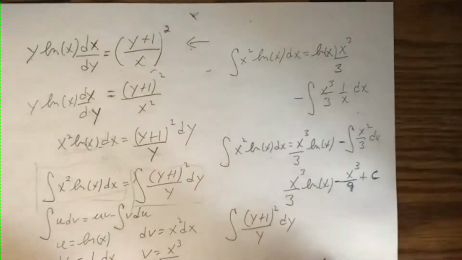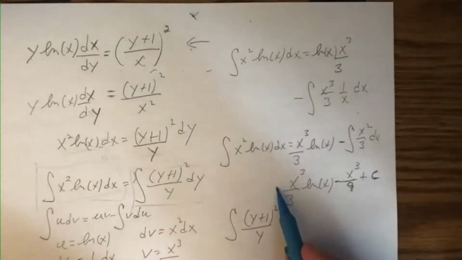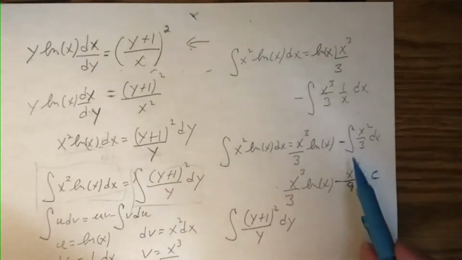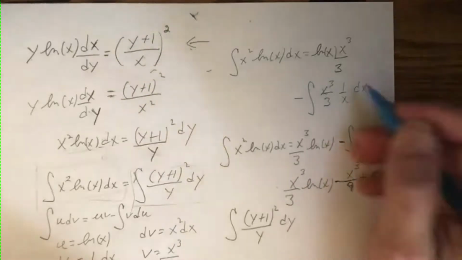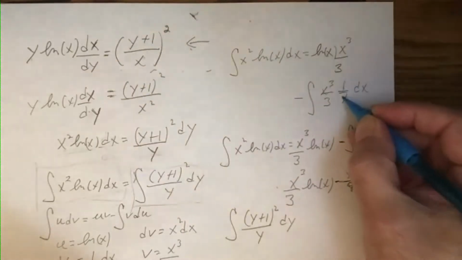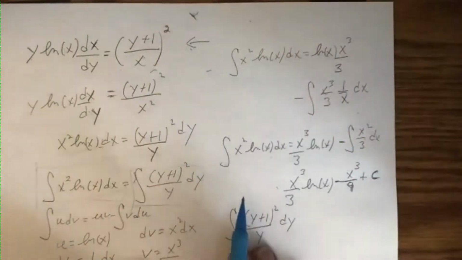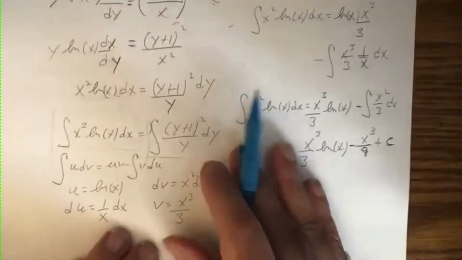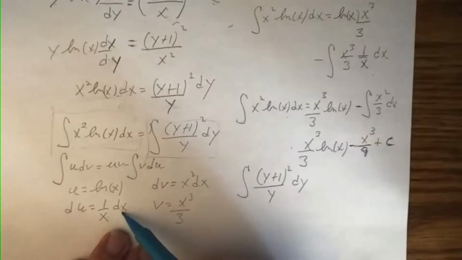Professor, that last integral, on the right side for the line 3, the negative integral of x squared over 3. Right, because here I got a 1 over x. I see, the du is 1 over x dx.